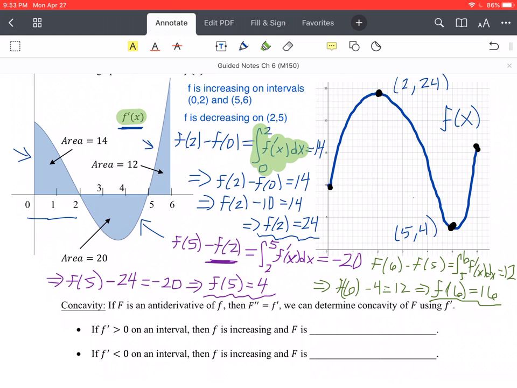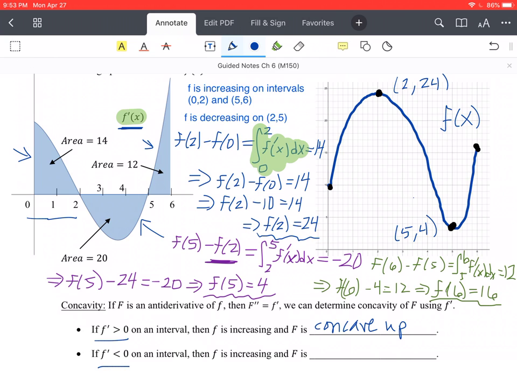So we can determine concavity of big F, that antiderivative, using little f prime. If little f prime is positive on an interval, then little f is increasing, and big F is concave up. And if little f prime is less than 0 on an interval, then little f is decreasing, and big F is concave down.